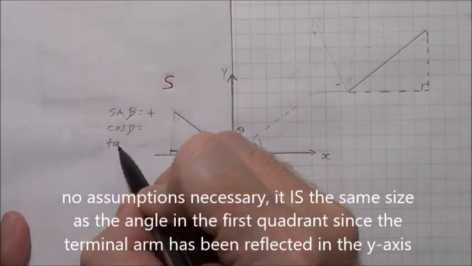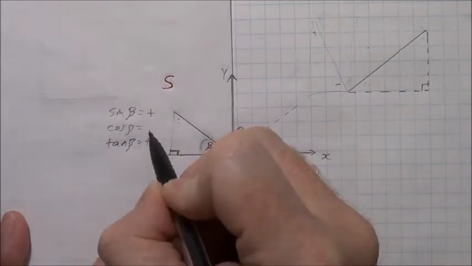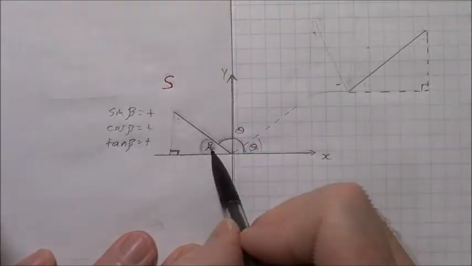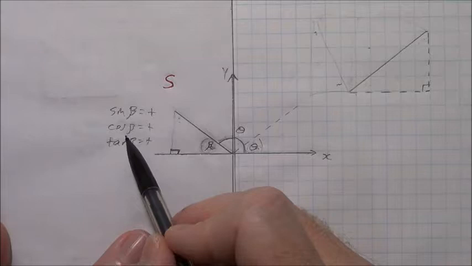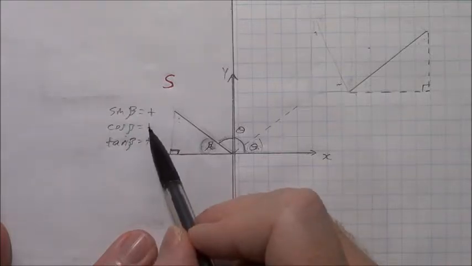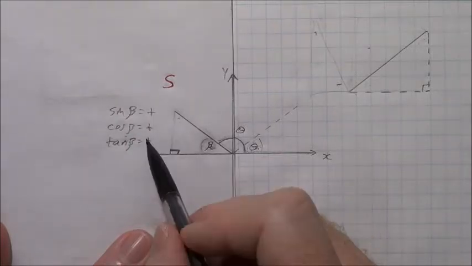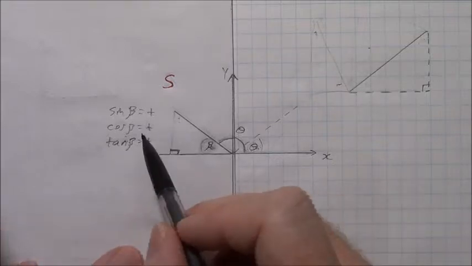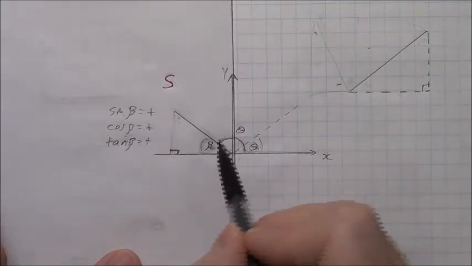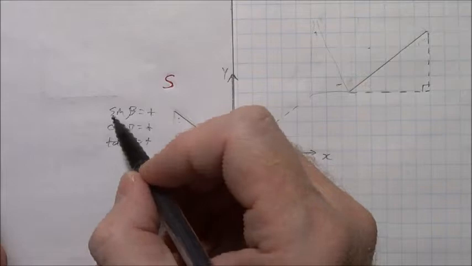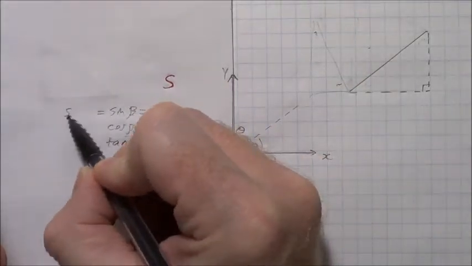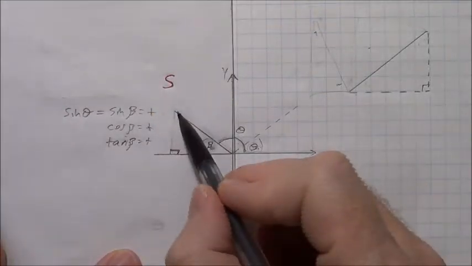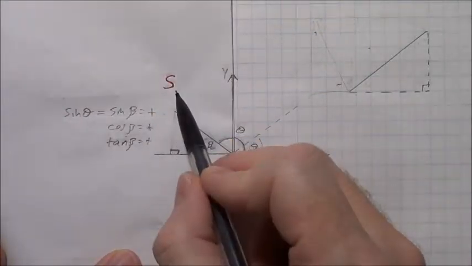And tangent, these are all going to be positive ratios, because if we're given the ratio itself, we take it as positive, and then we say, okay, if that's related to this angle theta, then sine beta is going to be the same as sine theta, and if it's in this quadrant, sine is going to be positive.